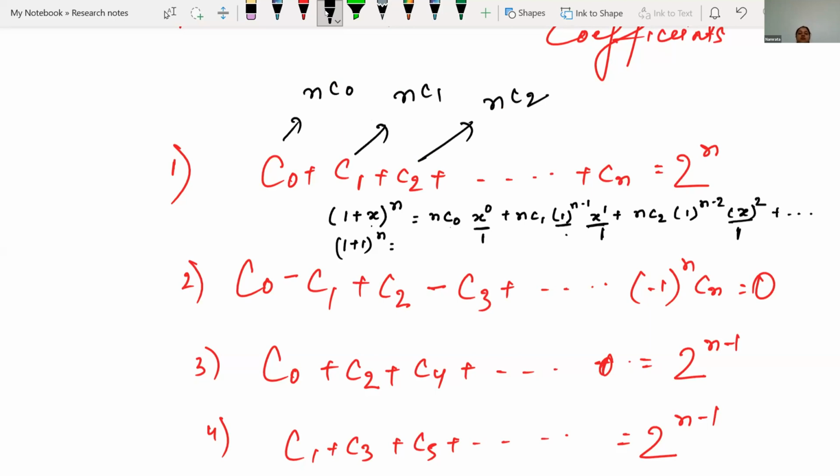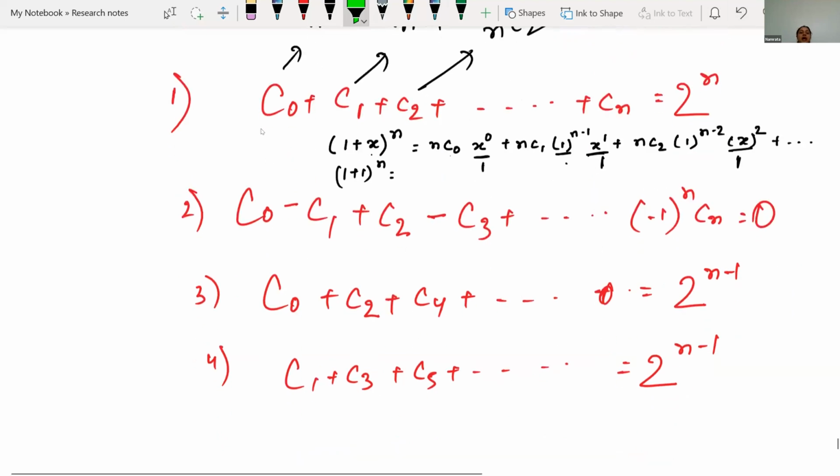Once we have replaced x by 1 in the expansion of (1 + x)^n. Okay, got it? Yes, ma'am. Similarly, in the above expansion, if we replace x by minus 1, we will end up getting 0, right? From there only this 0 came out. Are you able to connect with that? Yes, ma'am. Okay, let's move ahead.